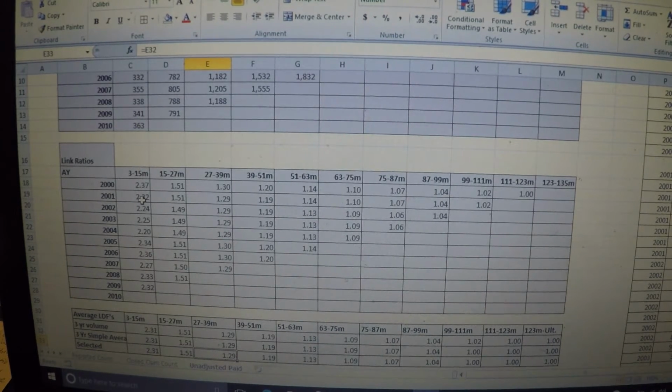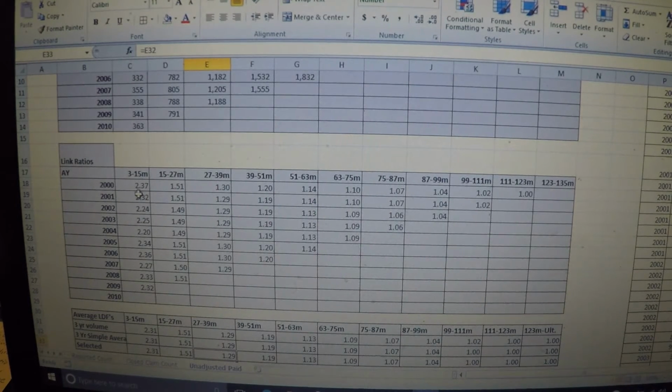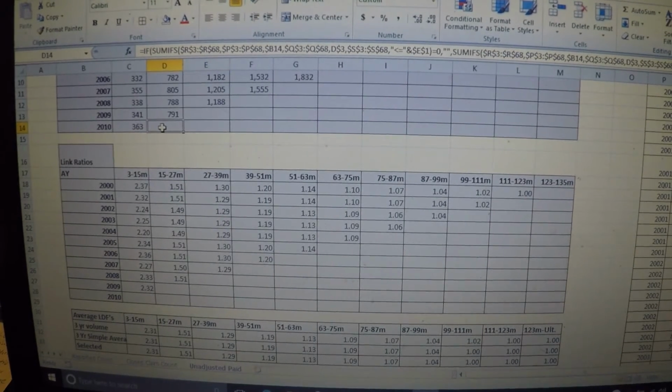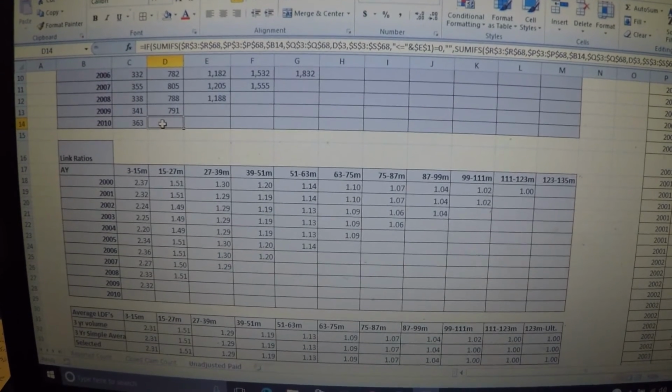All of these cells in column 1, from row 18 to row 27, these all represent historical trends for how losses have developed from 3 to 15 months. So each of these potentially could be used to help us indicate how this 363 will develop. In other words, what will this number be? How will the reported losses have developed?